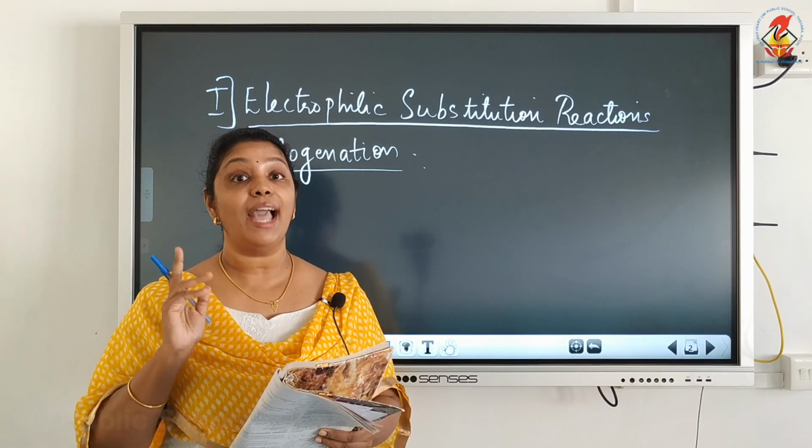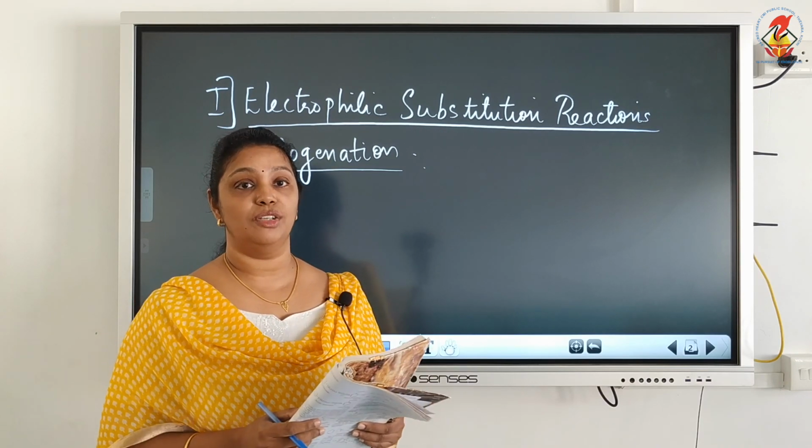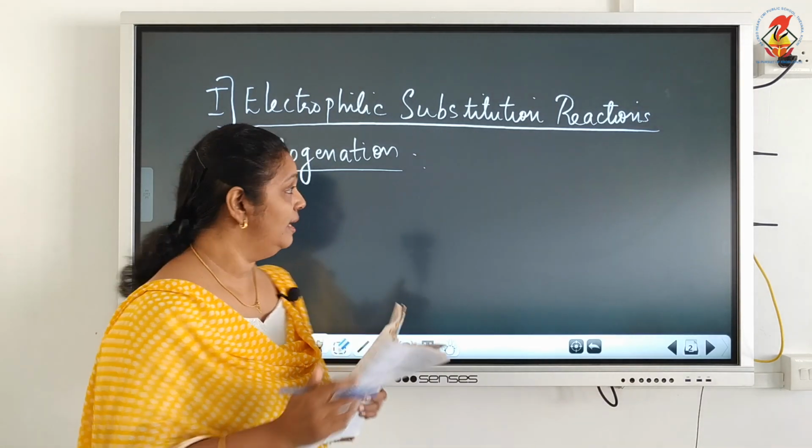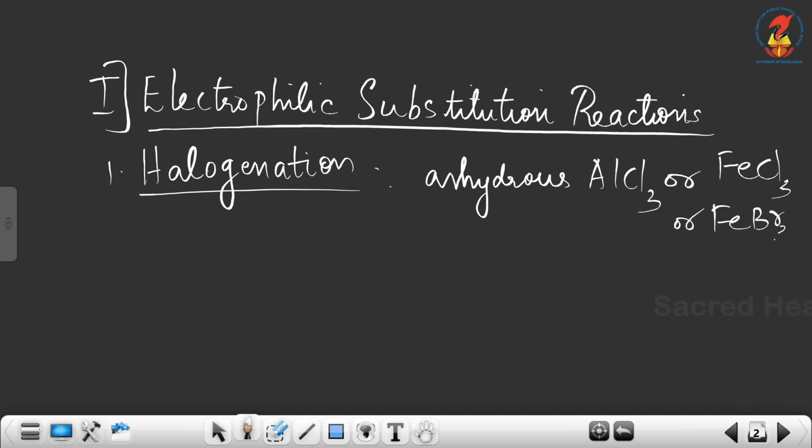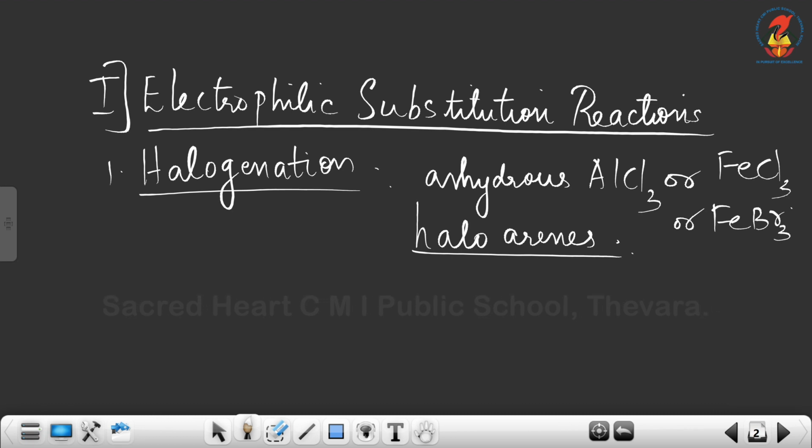Benzene reacts with halogens in presence of a Lewis acid like anhydrous aluminium chloride or ferric chloride or ferric bromide, and the product formed is haloarenes. So, we get haloarenes as the product of halogenation of benzene.